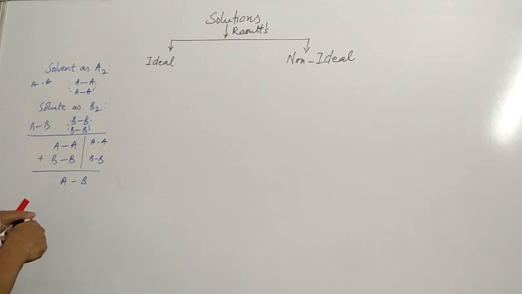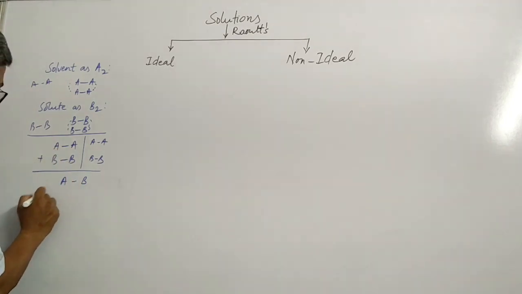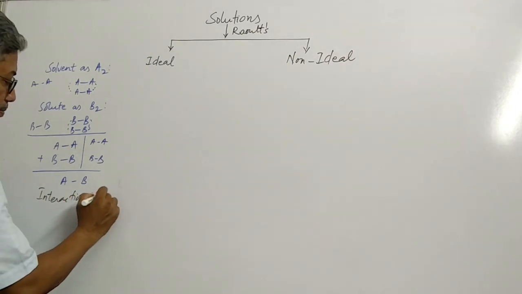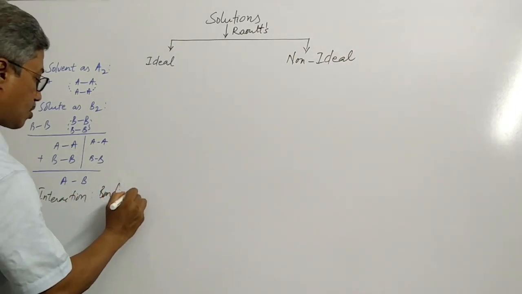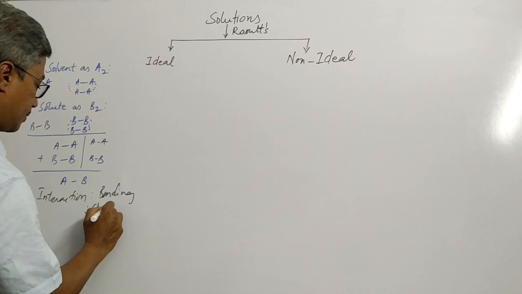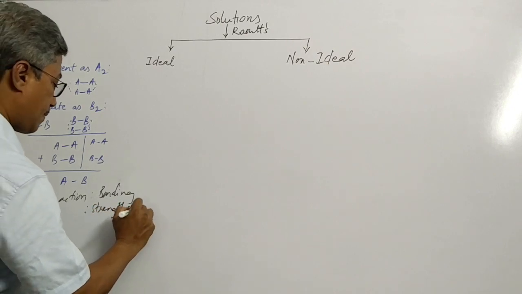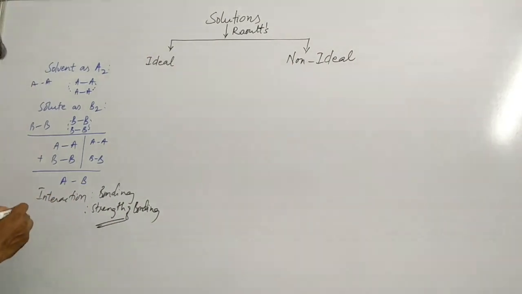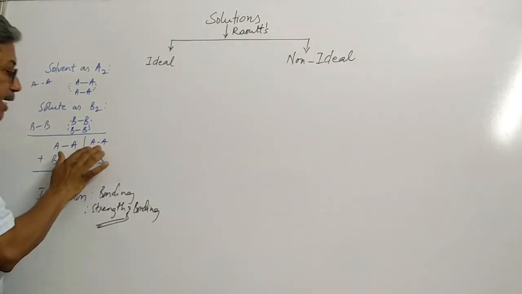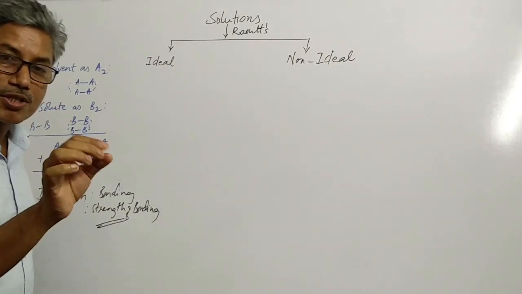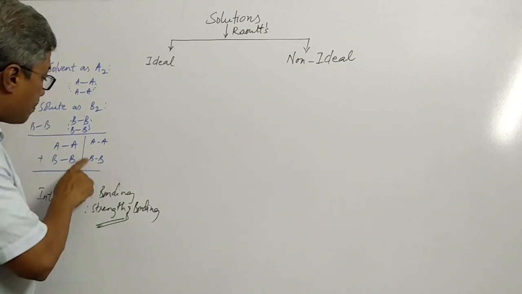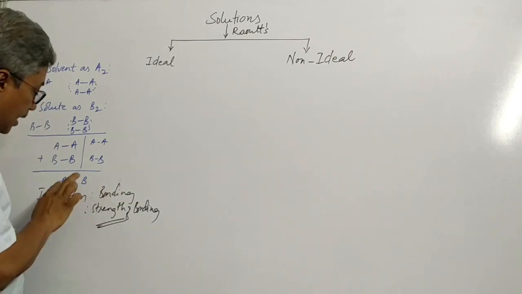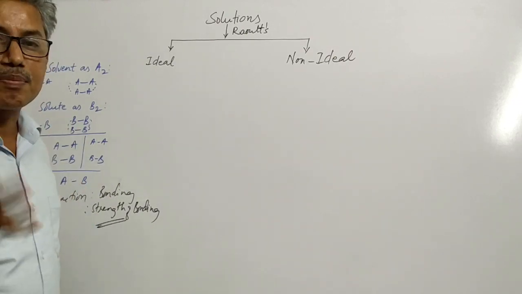The word interaction means bonding. It also means strength of bonding. Whenever I say AA interaction, it means AA bond strength or AA bonding. BB interaction means BB bonding. Then AB interaction means AB bonding.